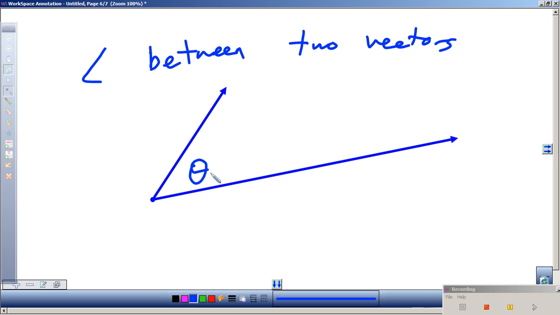Okay, how would you go about calculating this? If we knew this location, say this was 2, 4, and this one was, say, 1, 8.